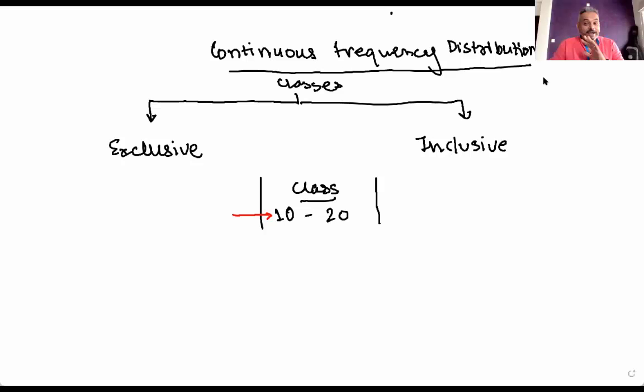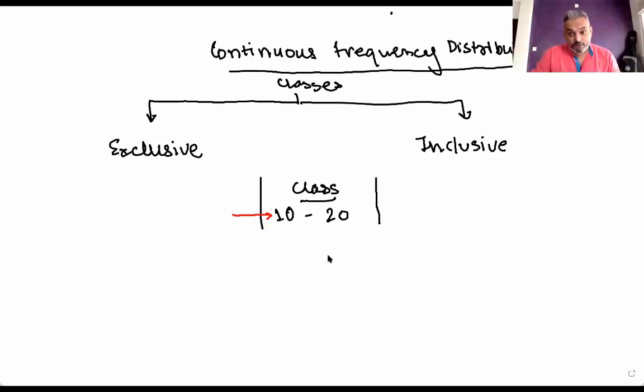So we cannot say whether it is inclusive or exclusive. We just can't say. So here, for 10 to 20, we can't say anything. If the question says it is inclusive, then we include 10 also, we include 20 also.